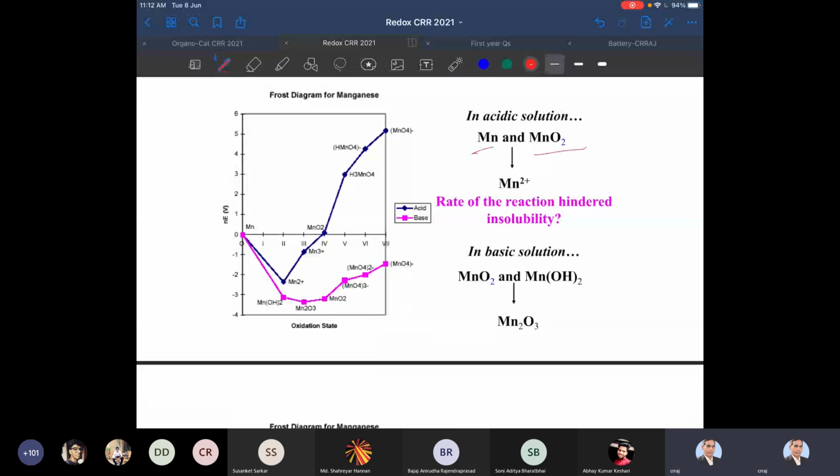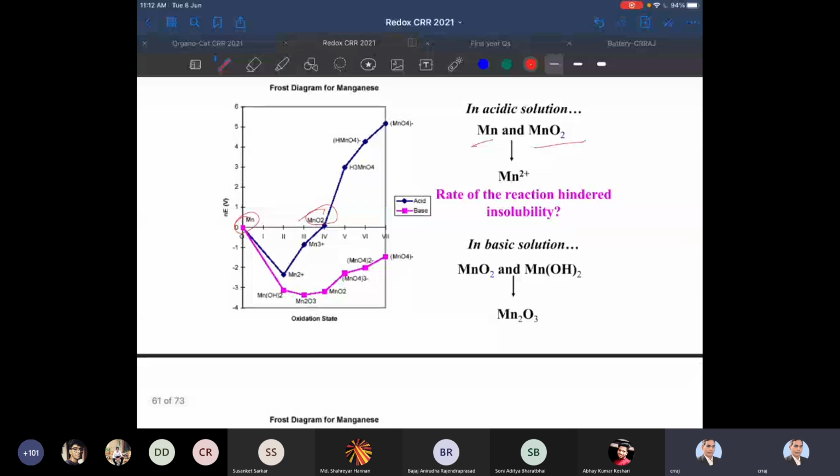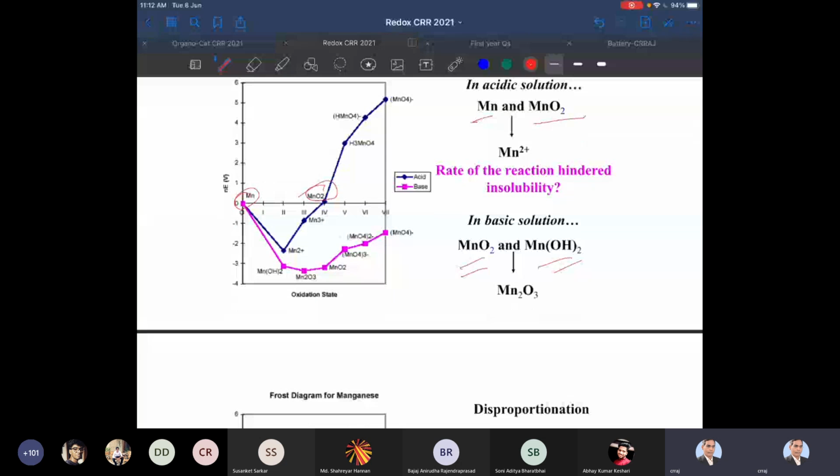In principle, Mn and MnO2 should undergo comproportionation reaction, but experimentally it may or may not go because the rate of the reaction is hindered due to insolubility. In basic solution, we have MnO2 and Mn(OH)2.